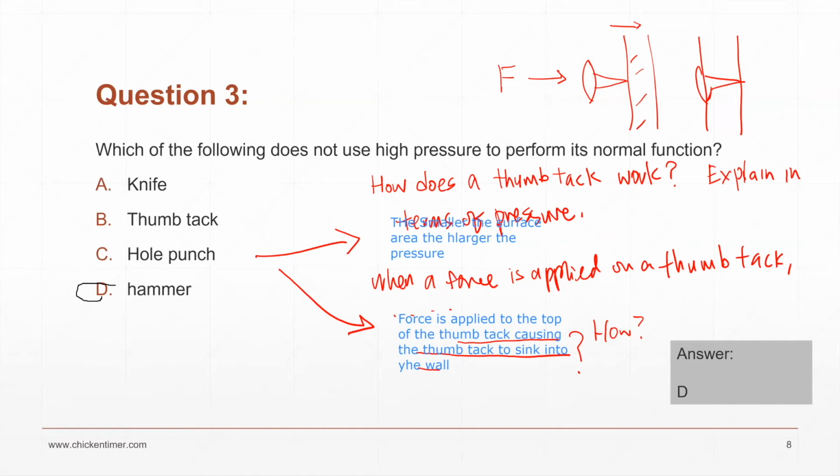So your first part of the answer is correct. The first arrow you have, the smaller the surface area, the larger the pressure, that is correct. Then the second part is the observation that when you apply a force onto the top of the thumbtack, it will cause the thumbtack to sink into the wall. That is the second part.